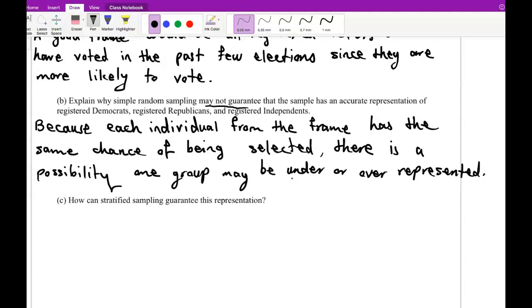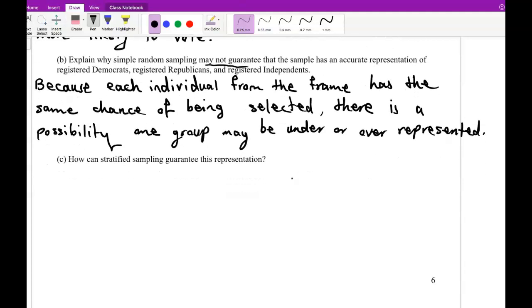And that means that we're not following the rule that we had for randomness. We should have the same chance of being selected, so we're not going to have that one on this board. That's why there's no guarantee.